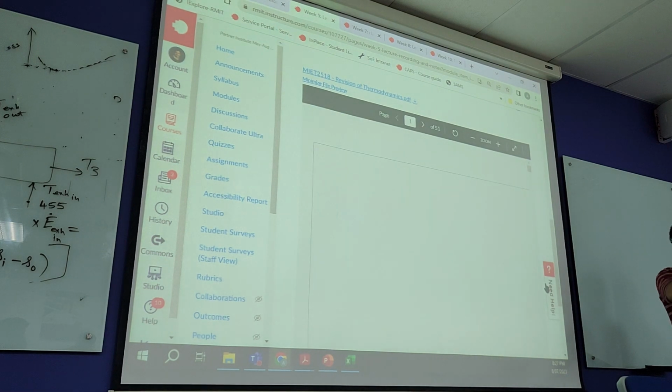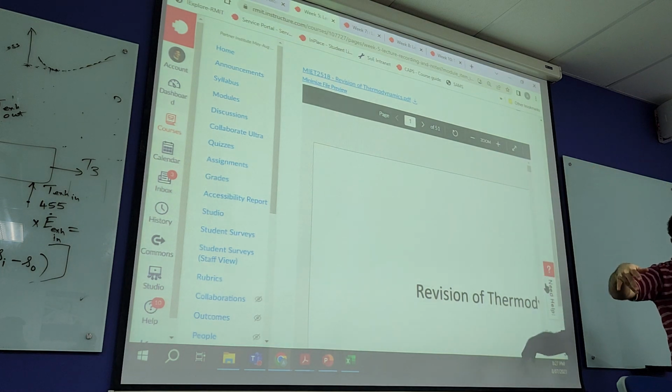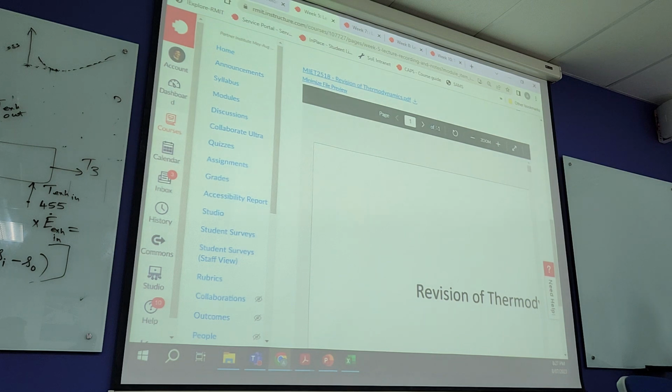And if you remember, there is a natural log equation: Cp natural log of T2 over T1 minus R natural log of P2 over P1. That equation we have to use for change in entropy.